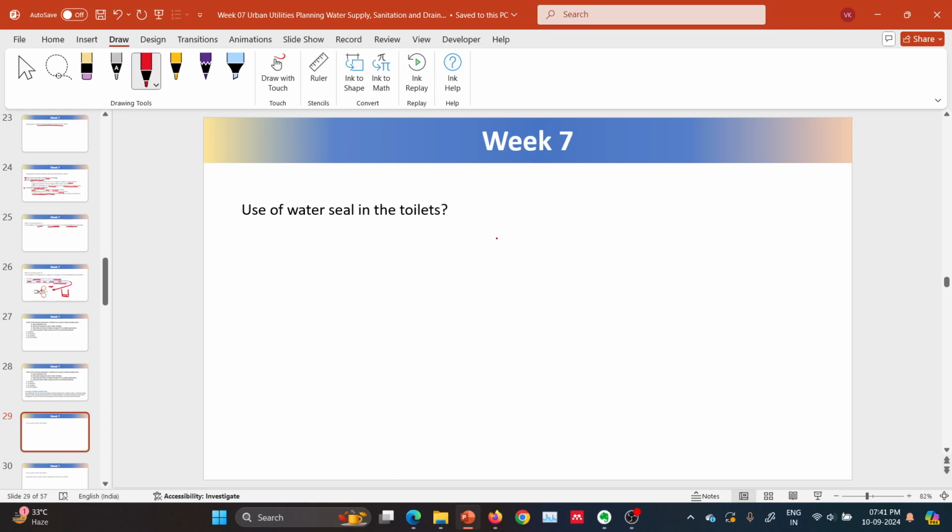What is the use of a water seal in toilets? The seal is provided at the end of the toilet. So this is called the water seal.